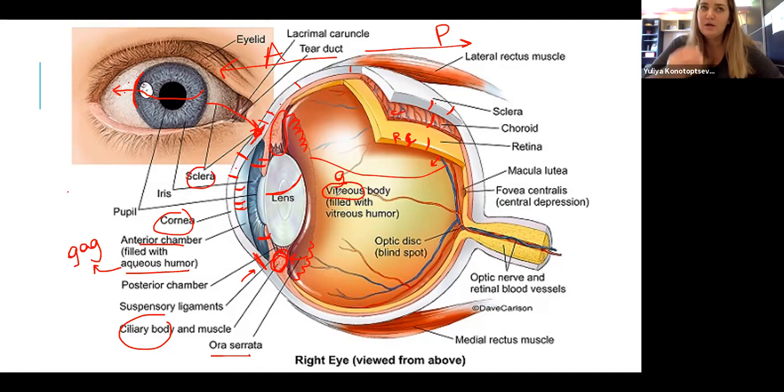It's more gelatin-like. Why? Because that's the humor that contains the most hyaluronan. And I'm not sure if you remember, but hyaluronan is the biggest GAG. It is a glycosaminoglycan, but it is the biggest GAG there is.